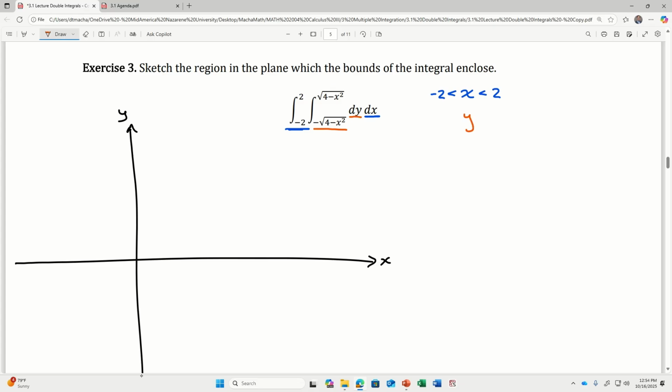And y has to be greater than negative square root of 4 minus x squared and less than positive square root of 4 minus x squared.